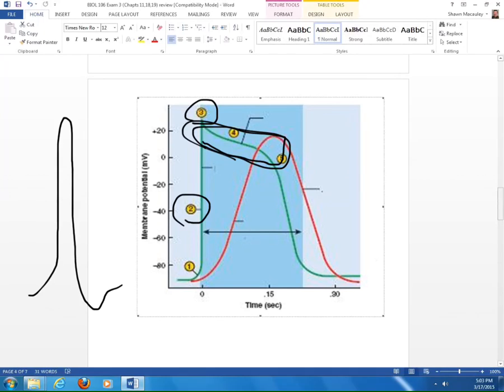Because there's this delay, there would never be the opportunity for the heart to get to a place where there is a tetanus, because this delay acts as a longer refractory period and would not allow that to occur. Now, the green line is the action potential.